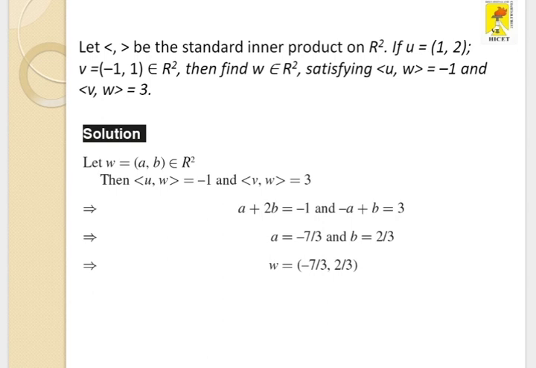And similarly, a with minus 1 and b with 1, we get minus a plus b equal to 3. Solving these, we get a equal to minus 7 by 3 and b equal to 2 by 3. So our w is nothing but minus 7 by 3 and 2 by 3.